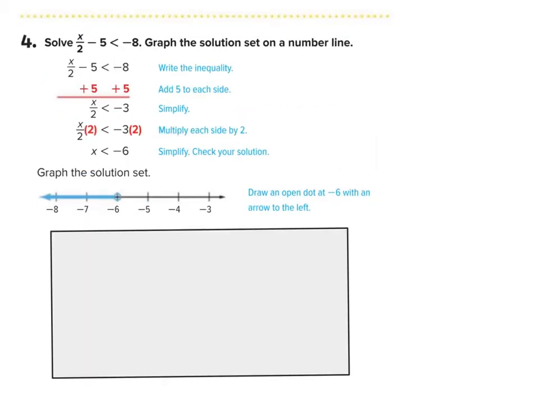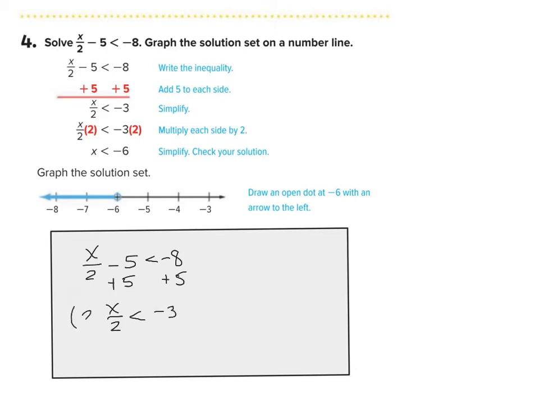Okay, example 4. We've got x over 2 minus 5 is less than negative 8. So I'm going to add 5 to both sides of the inequality to get x over 2 by itself. Then x over 2 is less than negative 8 plus 5, which is negative 3.